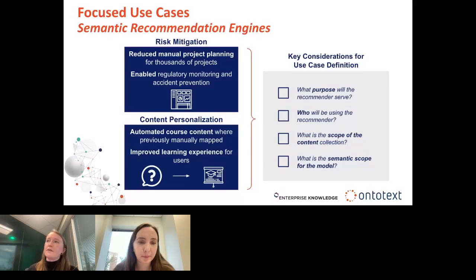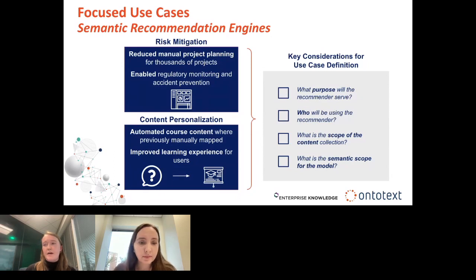We'll start off with risk mitigation. This was a project we did with a federal organization that helped to identify potential risks in projects to reduce that manual planning time. And then we'll focus on the second one, which was a content personalization use case.